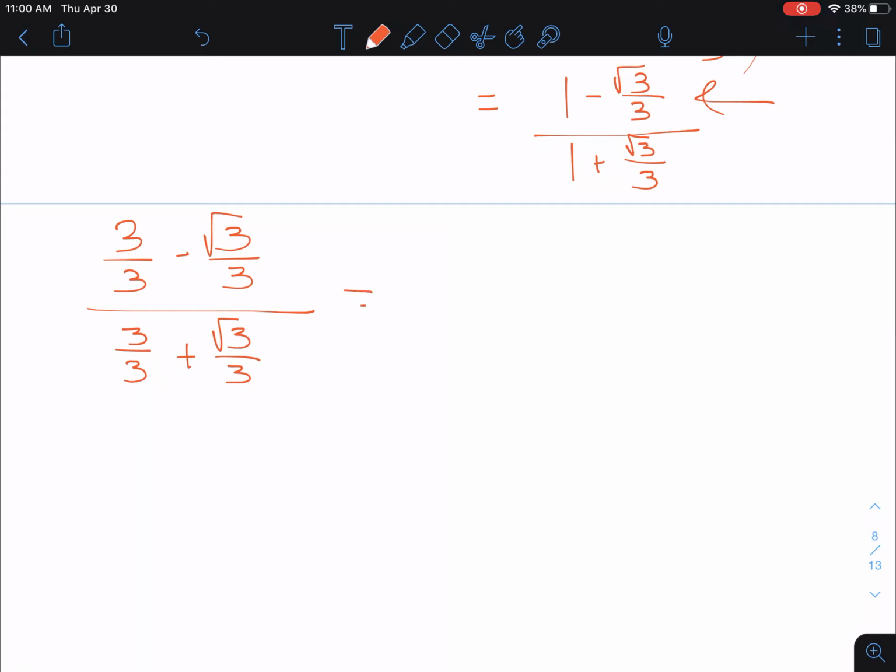Okay, so now I have a common denominator. So this is 3. On the top, it's 3 minus root 3. Okay, and then on the bottom, I would have 3 plus square root of 3 over 3. Okay, so now I've got this mess.